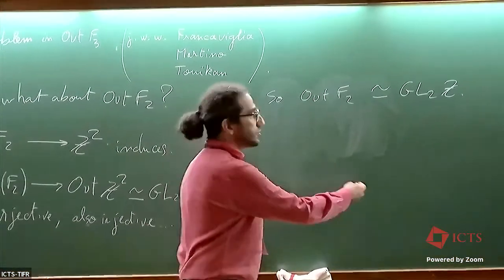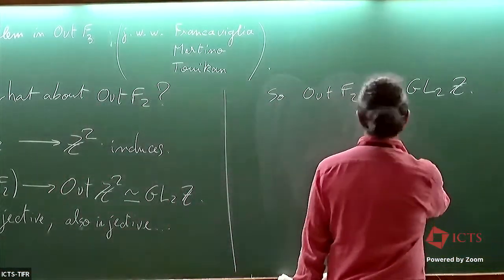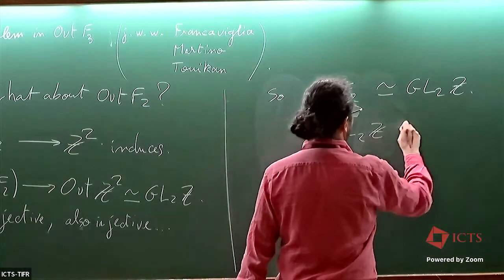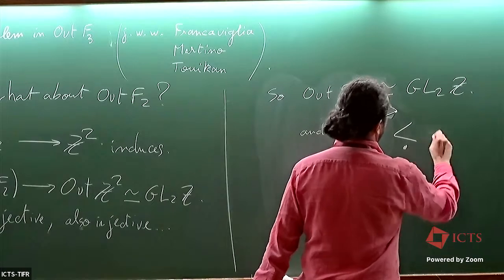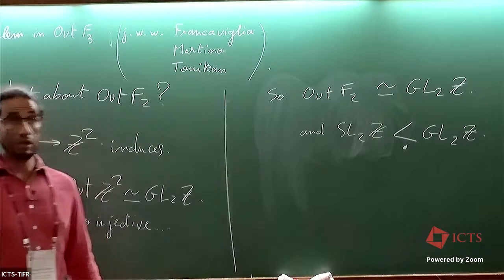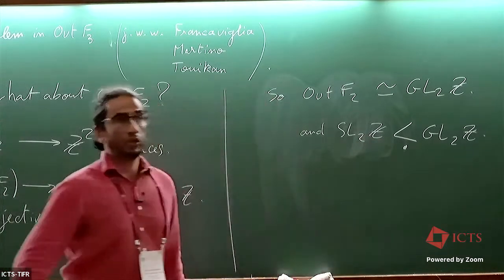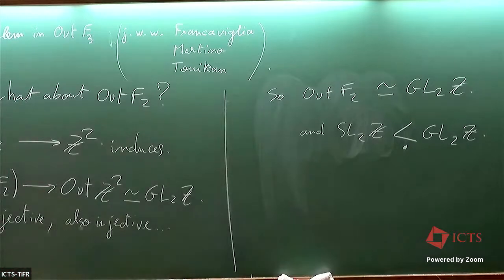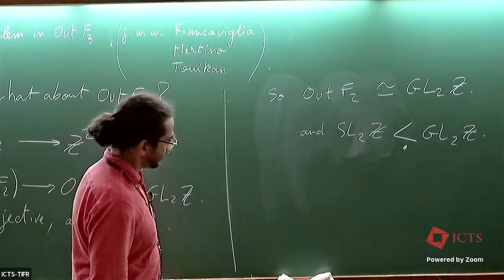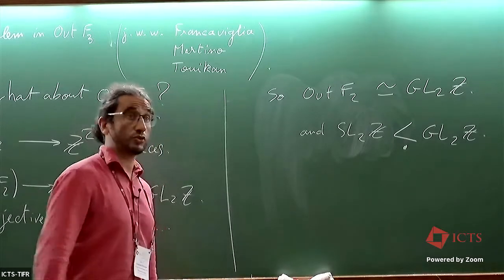And GL2(Z), actually, it's really coming in a second. So GL2(Z) possesses a finite index subgroup that is SL2(Z). It's of index 2. And SL2(Z) is a very nice group. It's an amalgamated free product of finite groups.